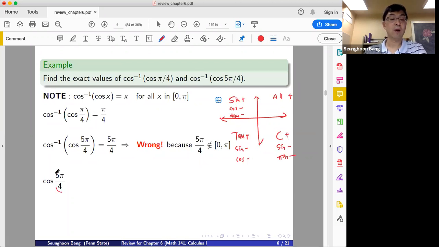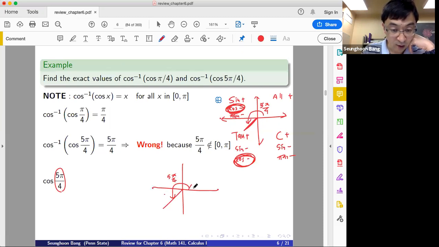Here, 5 pi over 4 is exactly in the third quadrant. Cosine is negative. So you can change it like this. Here, we have this angle pi over 4, the 5 pi over 4.